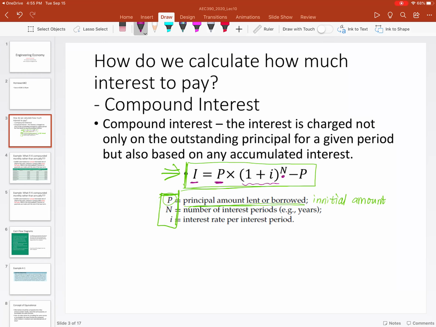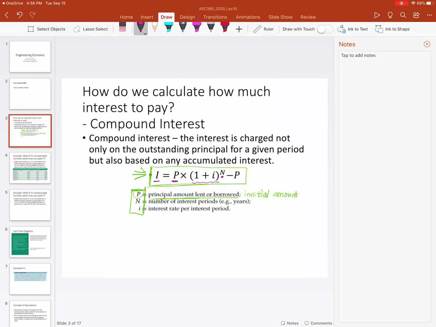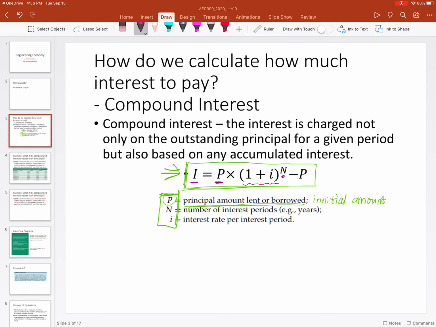To be specific, n is how many times you calculate the interest during those several years. Then you have to minus P so that you get the interest itself.